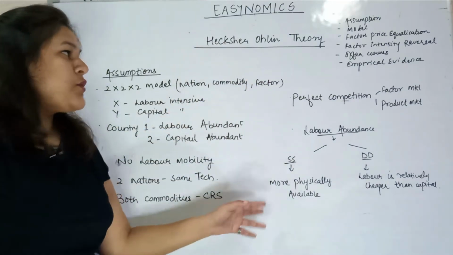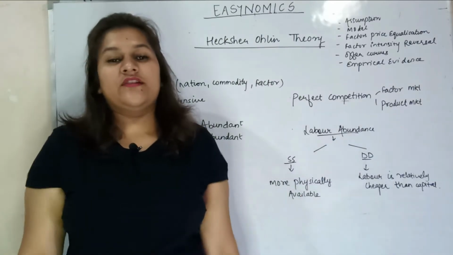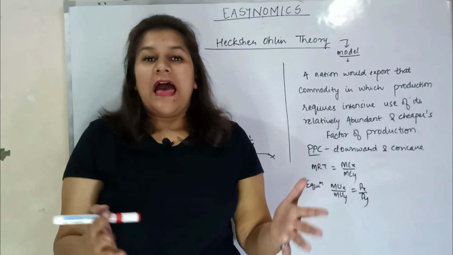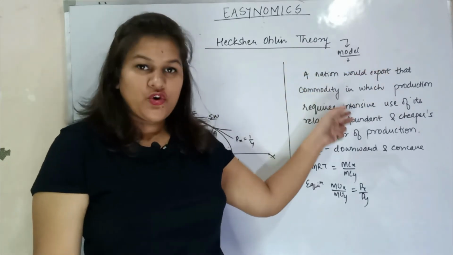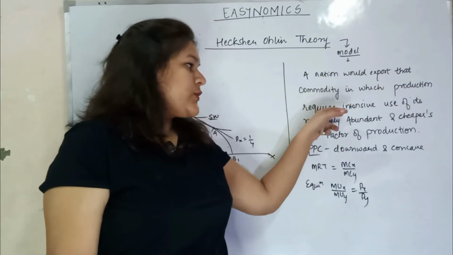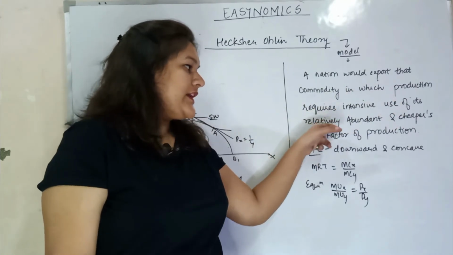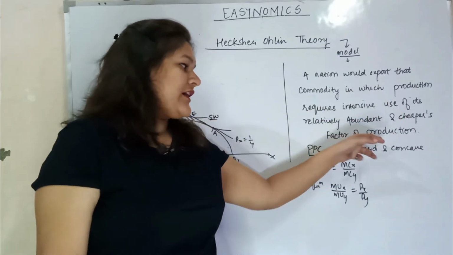Now let's study the model. What was the model of Heckscher-Ohlin? As per the Heckscher-Ohlin model, a nation would export that commodity whose production requires intensive use of its relatively abundant and cheaper factor of production.